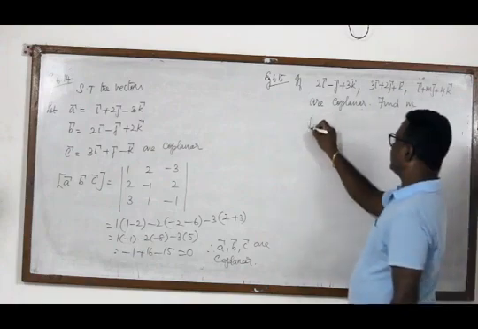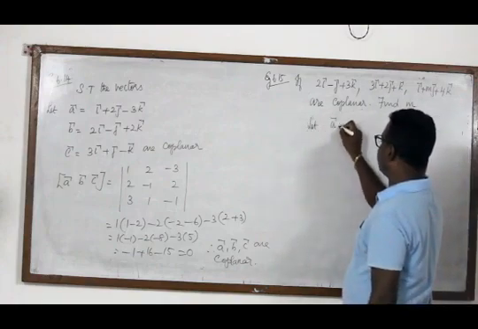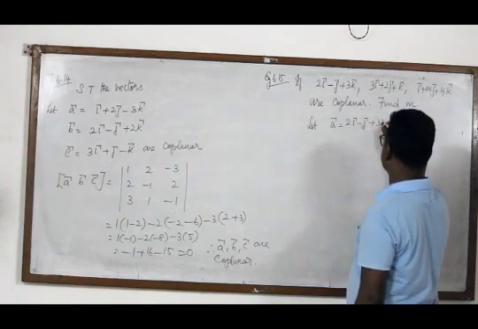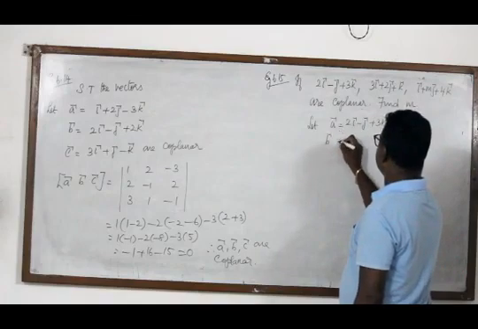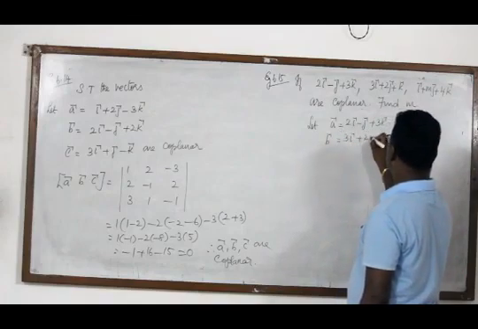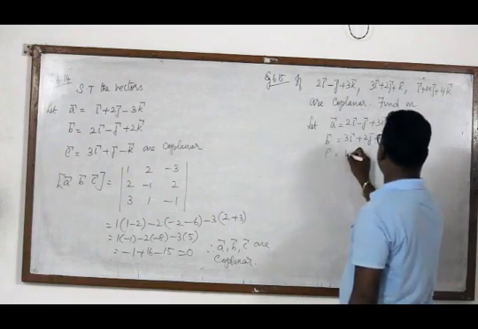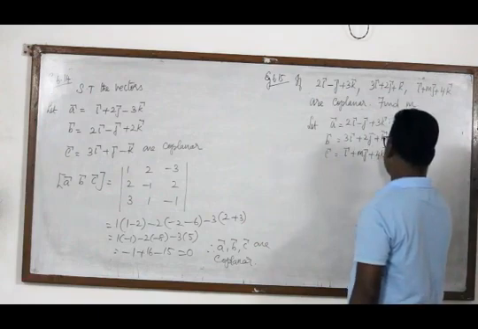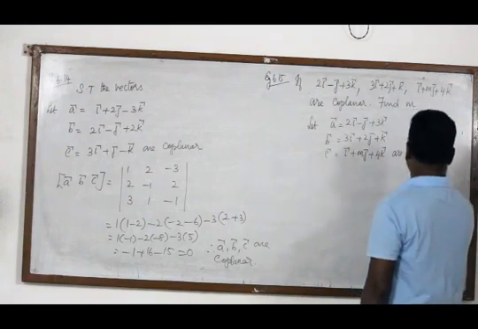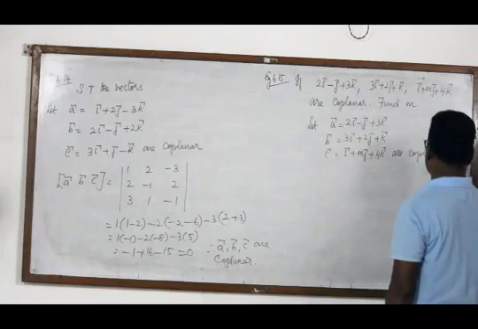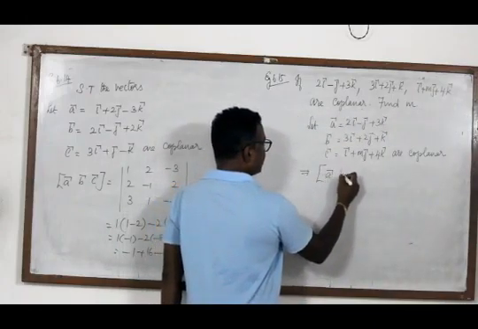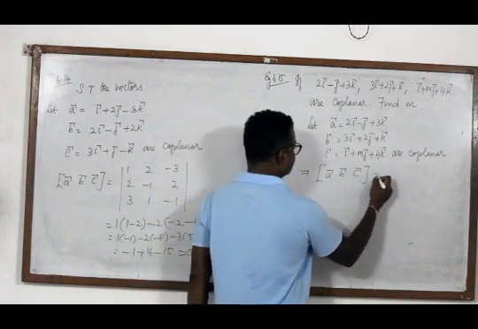Given 3 vectors, let me take A vector as 2i minus j plus 3k, B vector as 3i plus 2j plus k, C vector as i plus mj plus 4k, which are coplanar. That means the box product of A, B, C is 0.